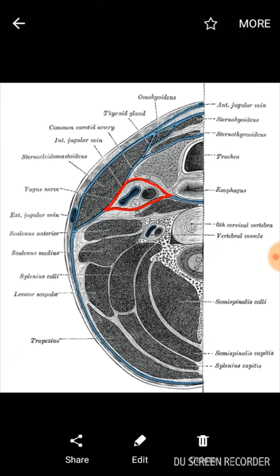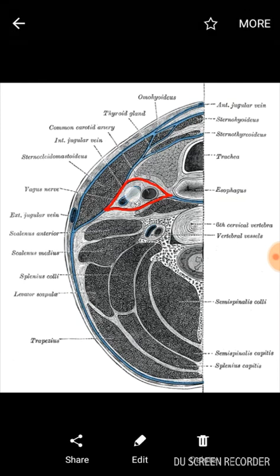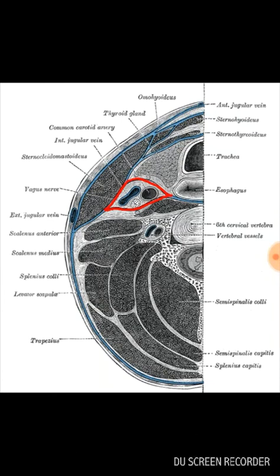So the carotid sheath contains the common carotid medially, the internal jugular vein laterally, and the vagus nerve posteriorly. And then posterior to the sheath, there's a sympathetic trunk. So just remember that laterally is the internal jugular vein, medially is the common carotid, posteriorly is the vagus nerve, and posterior to that, just lying on the outside of the sheath, is the sympathetic trunk.